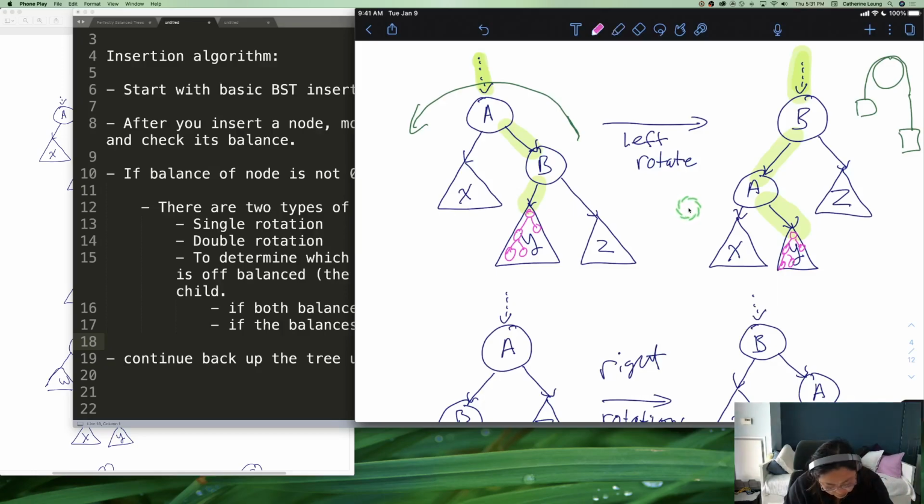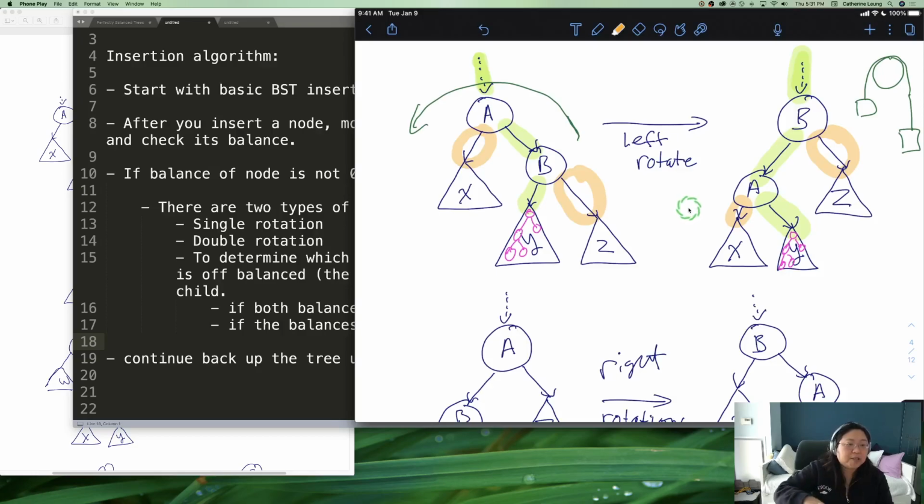Now, what hasn't changed is this pointer right here, as well as this pointer right here. So A's left was pointing at X beforehand, and after the rotation, it still points to X. B's right pointed to Z beforehand. B's right still points to Z afterwards.